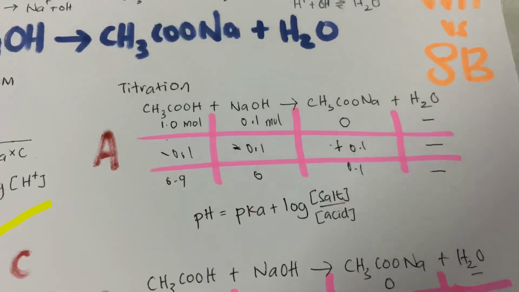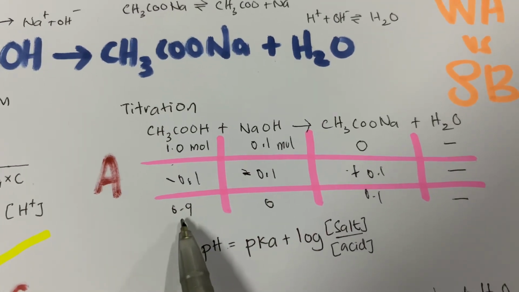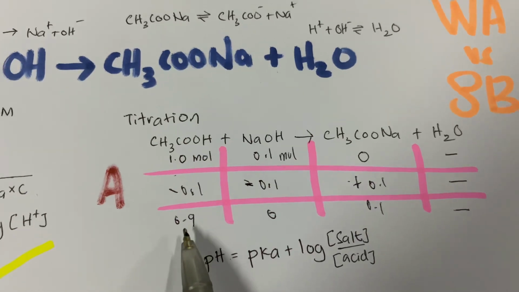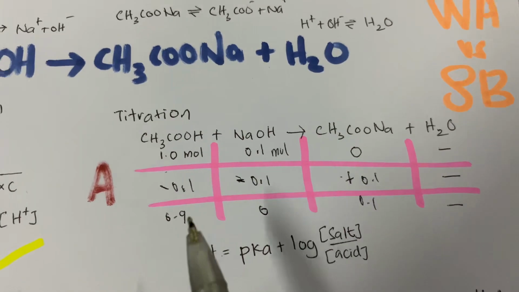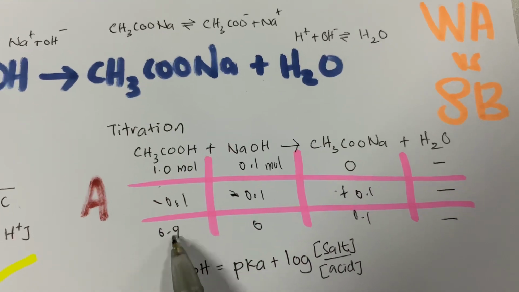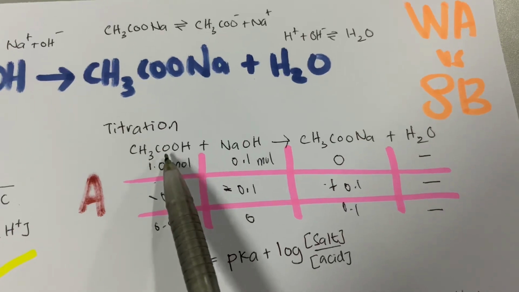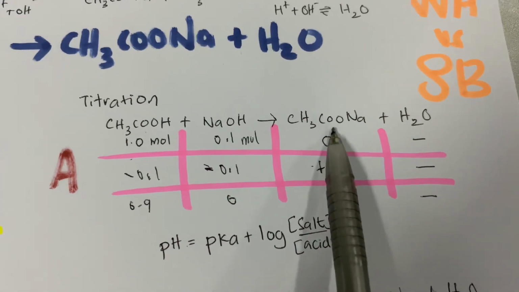So what we notice here is that the final product in the conical flask for the analyte will be both acid and salt. This is the weak acid, and this is its conjugate salt.